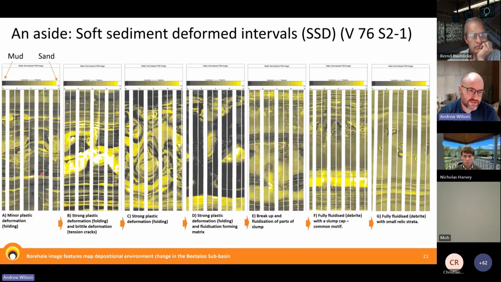Anyway, and just as an aside, we have the beautiful spectrum of soft sediment deformation in this well, all the way from, on the left here, plastic deformation and then brittle deformation.